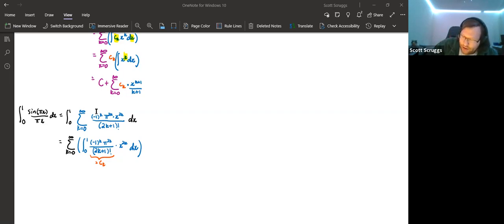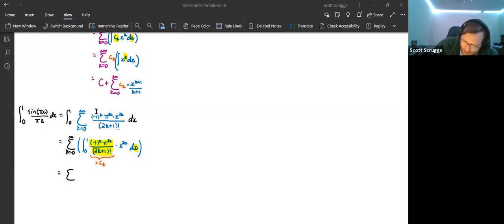I'm taking an integral with respect to x. This whole component does not have an x in there, so it's a constant with respect to the integral. I can take that out of the integral and just integrate x to the 2k power, which is what I'm going to do now.